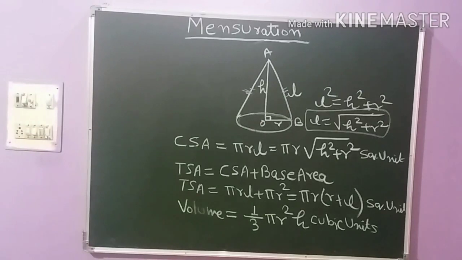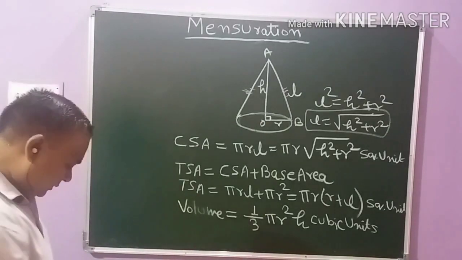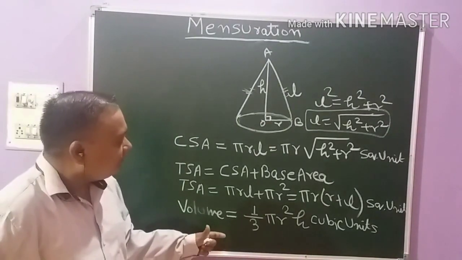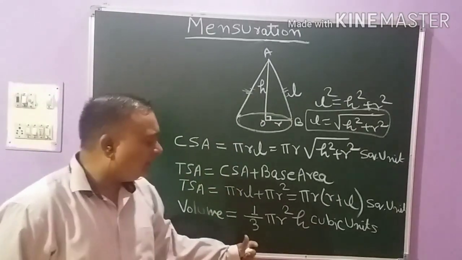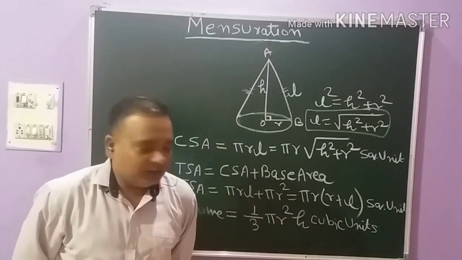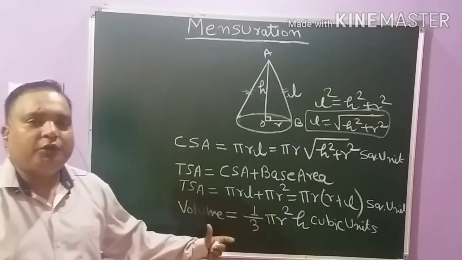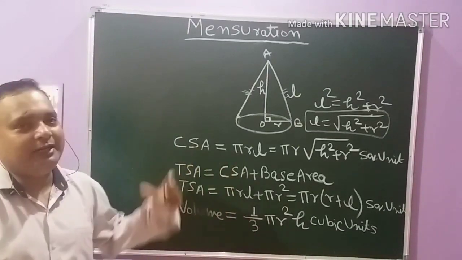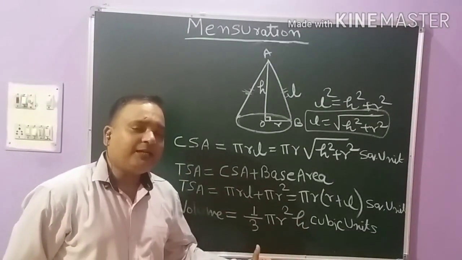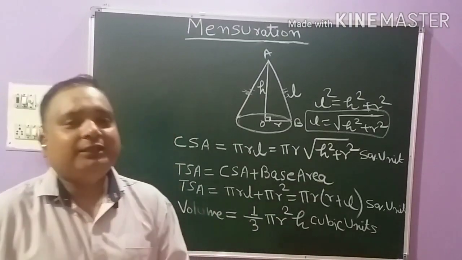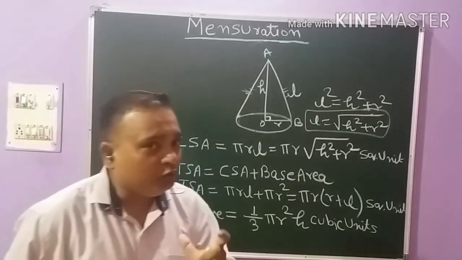Now the next is volume. The volume of cone is 1 by 3 pi r square h. Now if we compare the volume of cone with volume of cylinder, we can say the volume of cone is 1/3 of the volume of cylinder.